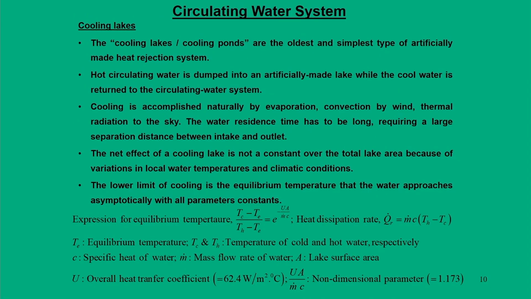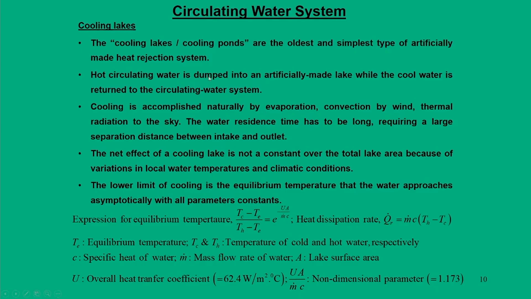Now, let me give you some basic background. In earlier systems, when there was no concept of wet cooling tower, people started using the concept of cooling lakes. It is the oldest and simplest technique for artificial rejection of heat from the steam power unit.